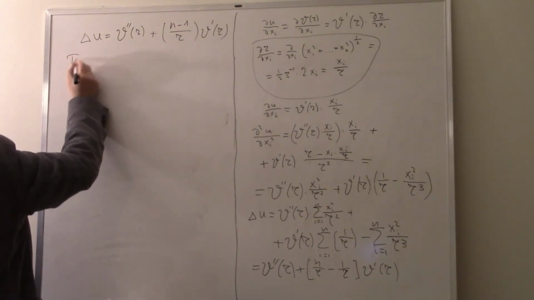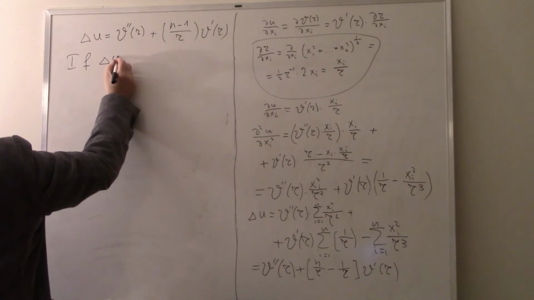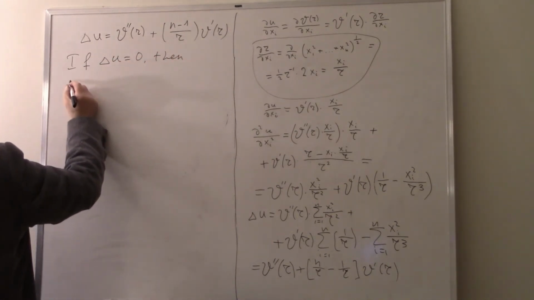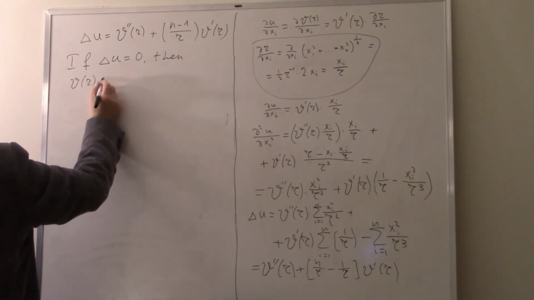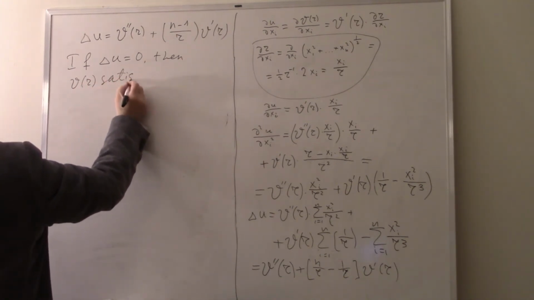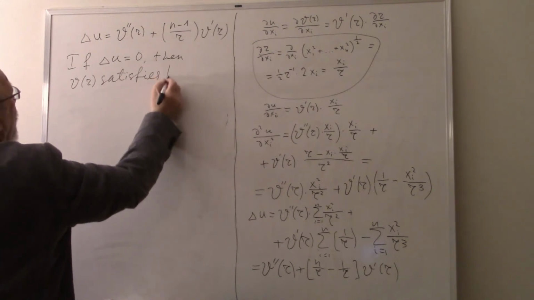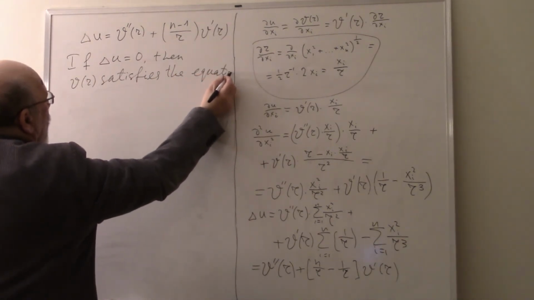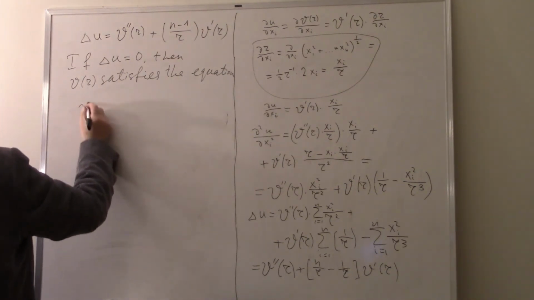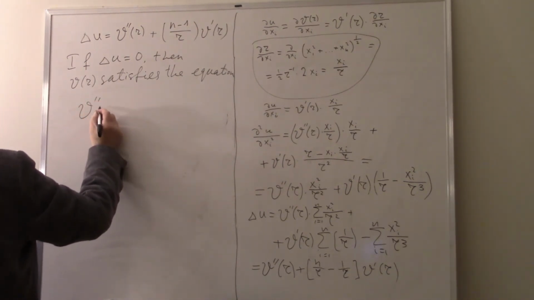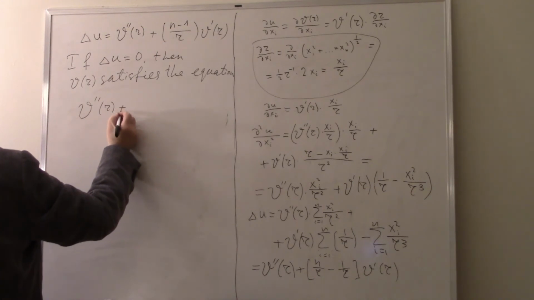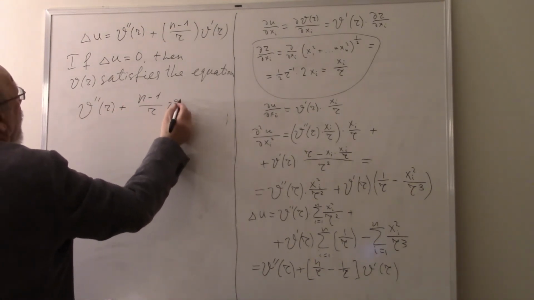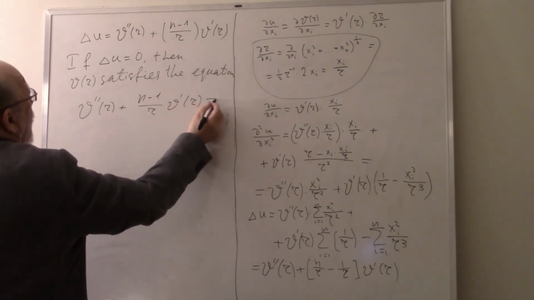So if delta u equals 0, then v of r satisfies the equation v double prime of r plus (n minus 1) divided by r times v prime of r equals 0.